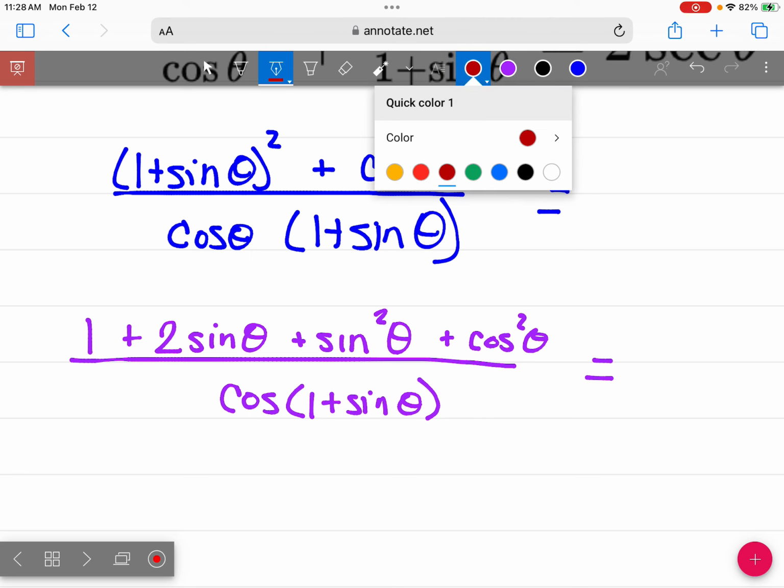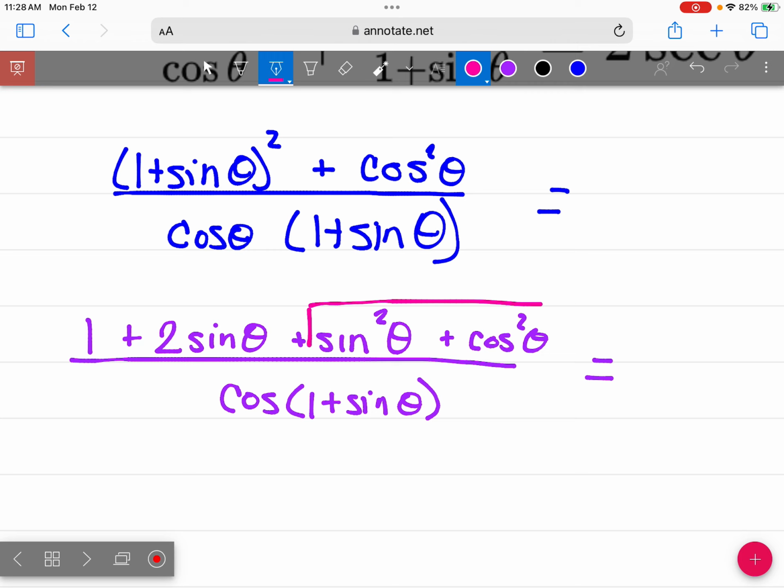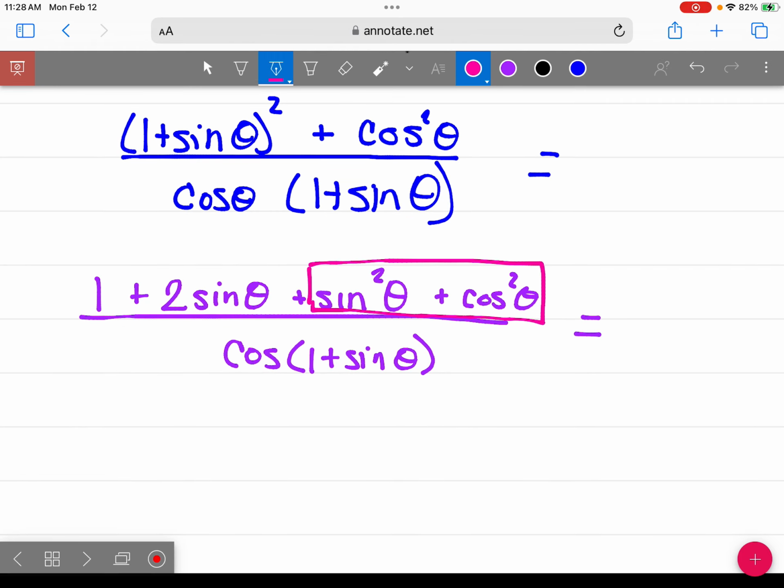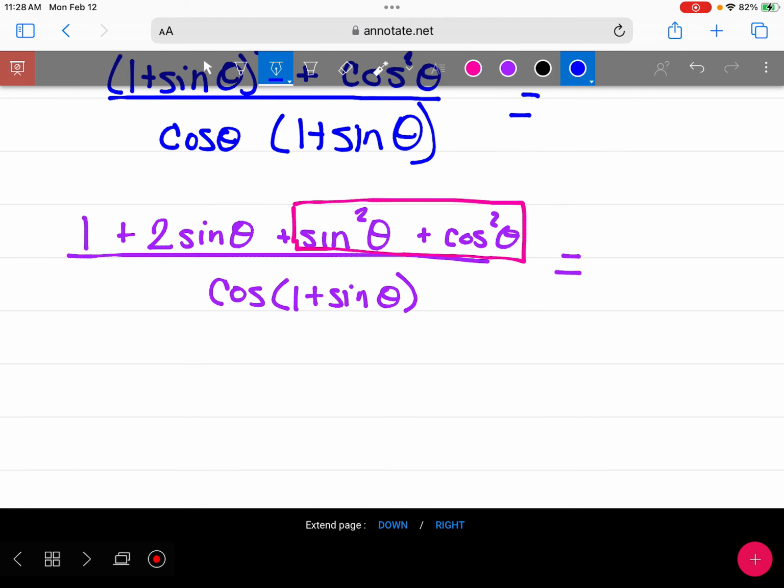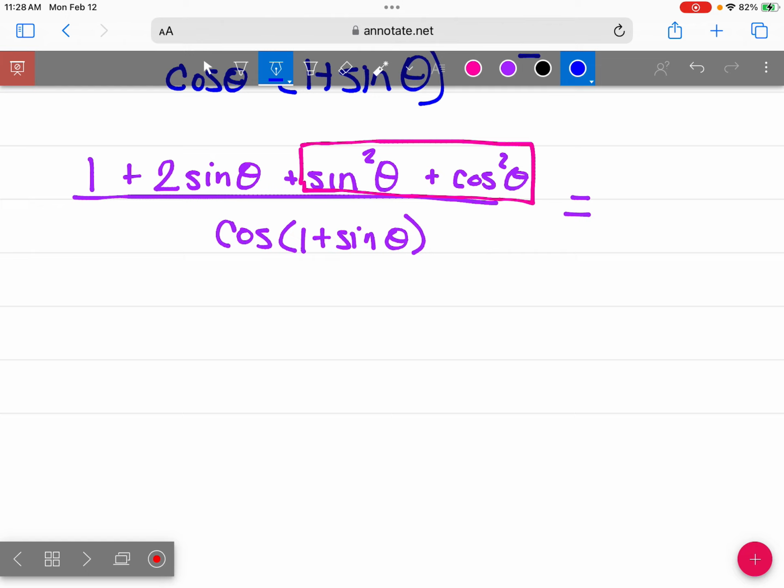And now we're going to see over here again, this is our trig identity again. One of our Pythagorean identities, sine squared plus cosine squared equals 1. So what we now have as our numerator is 1 plus 2 sine theta plus 1.